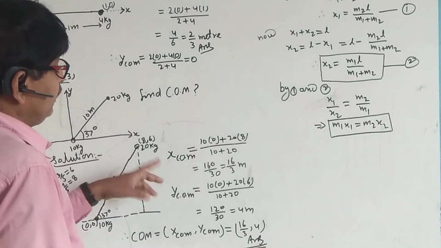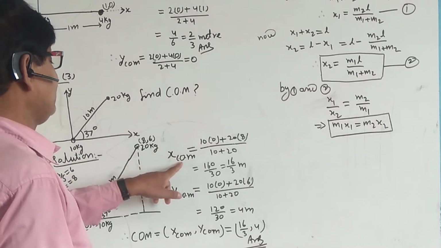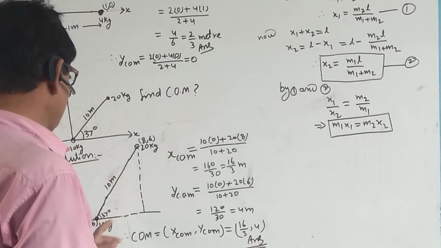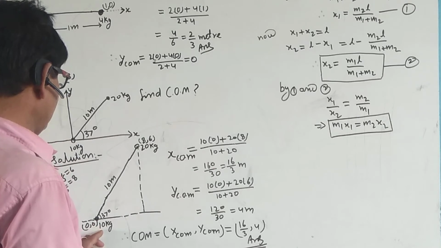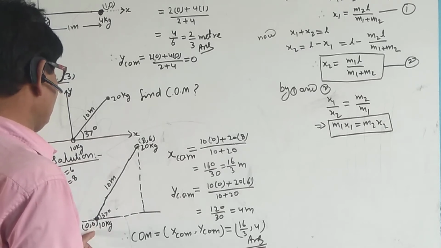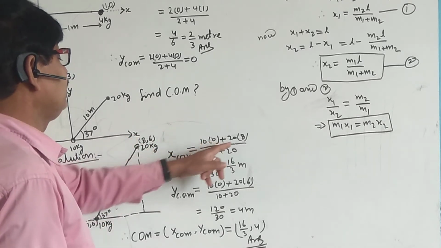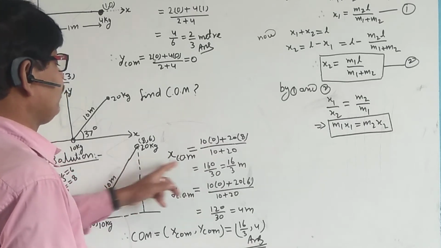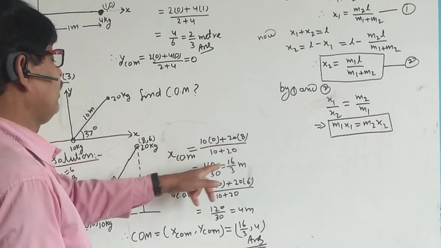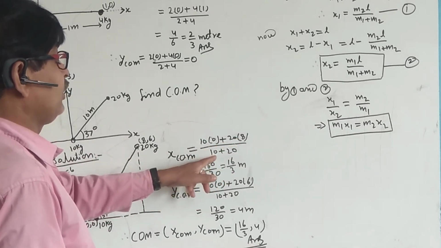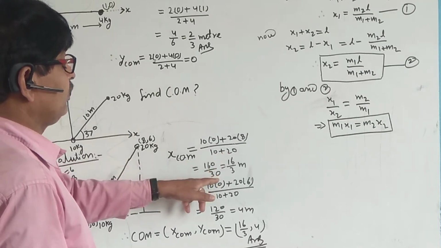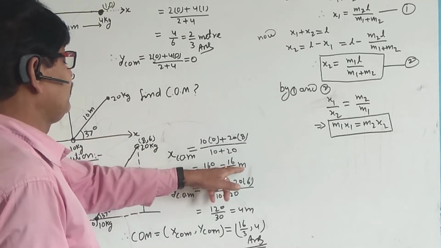Now the x coordinate of center of mass is equal to m1x1 plus m2x2, here 10 into 0 plus 20 into 8, divided by 10 plus 20. This is 160 by 30, which is 16 by 3 meter.